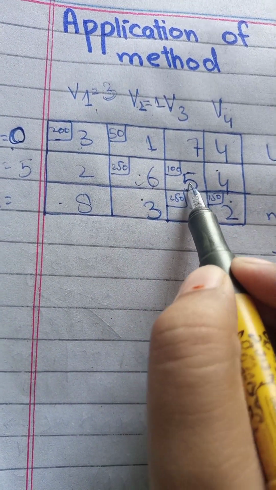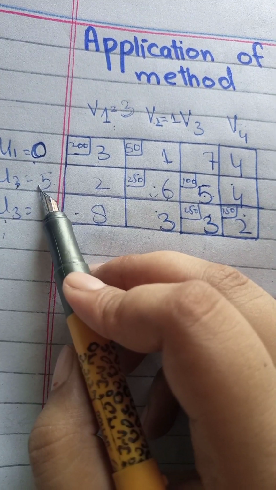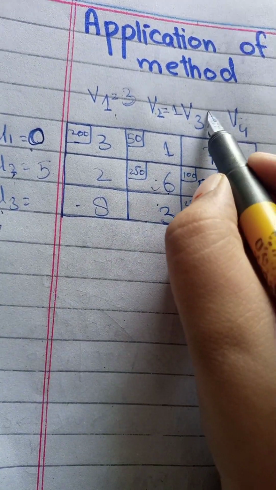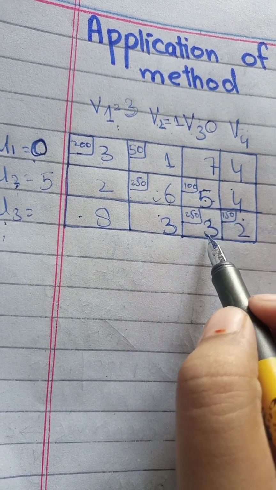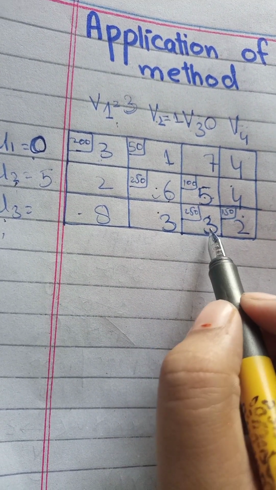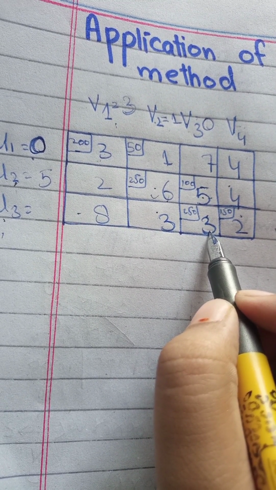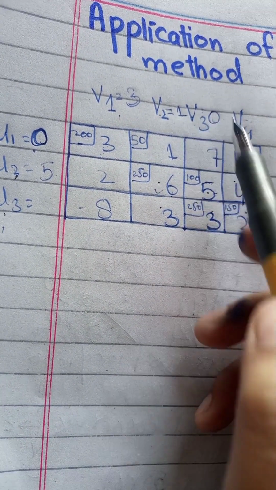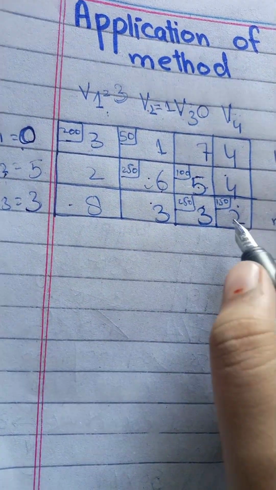Moving toward the next one, 5. u2 is 5, then v should be 0. Okay, now moving toward the next one, the cell number is 3. v3 is 0, so u3 should be 3.